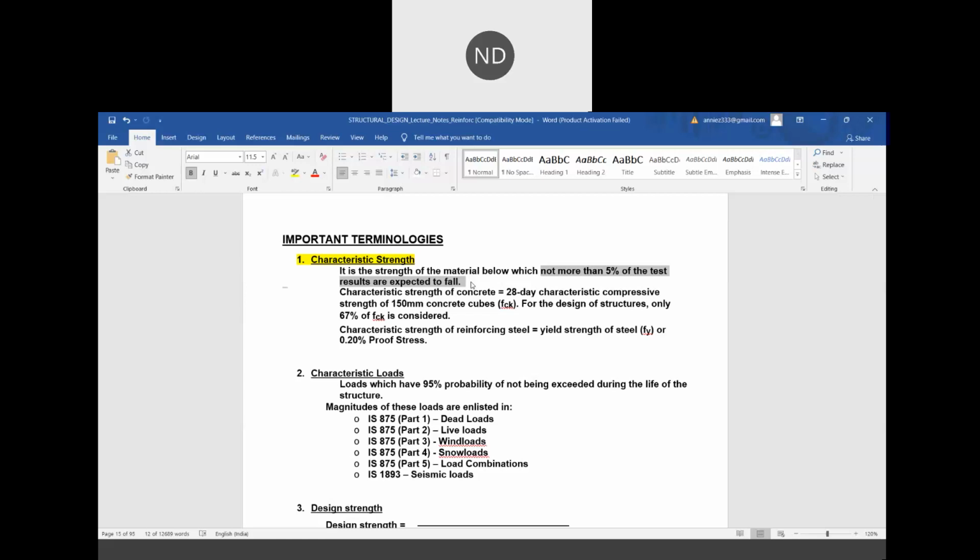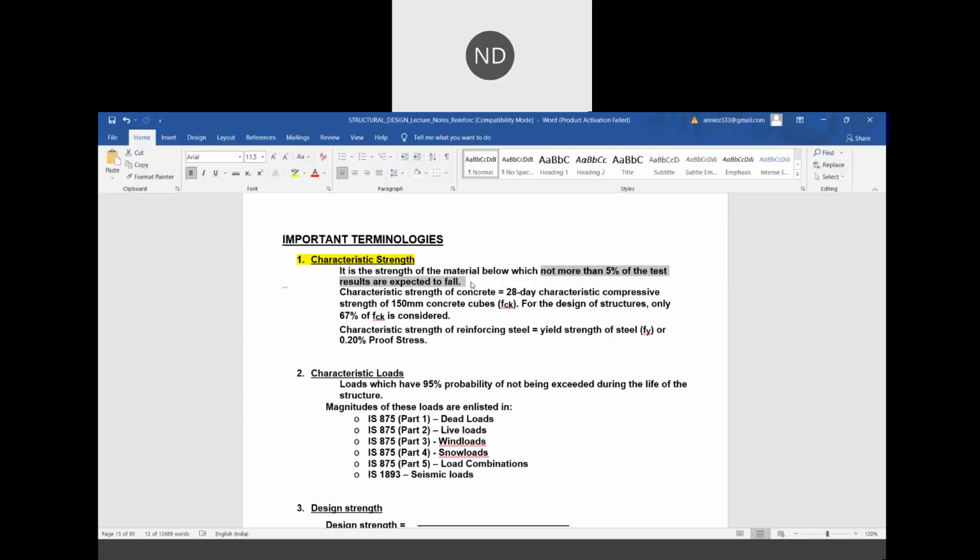Characteristic strength means that strength of the material below which, suppose the strength of the material is 10 kilonewton, not more than 5% of the test results are expected to fall.